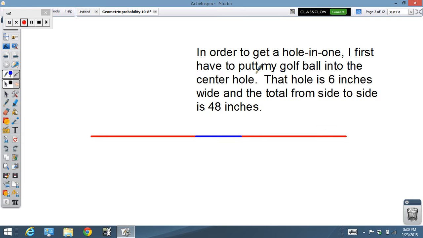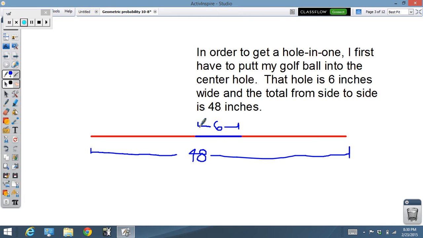So the first thing we have to do, assuming that we have a 48-inch target from side to side, and the good area that I want to hit is a 6-inch gap in the middle.